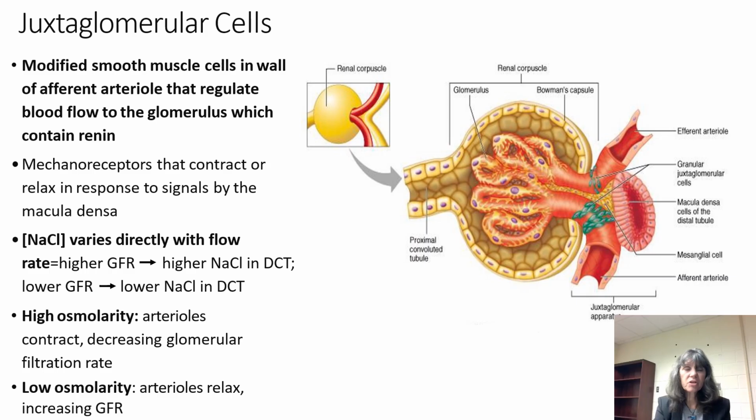The sodium chloride concentration can vary directly with the flow of blood that's going through the glomerulus. So if there's a higher glomerular filtration rate, that means there will be higher sodium chloride concentration in the distal convoluted tubule, because if the rate is too fast, there's not enough resorption of sodium chloride, and so if there's a lower glomerular filtration rate, that means there will be a lower sodium chloride concentration in the distal convoluted tubule.